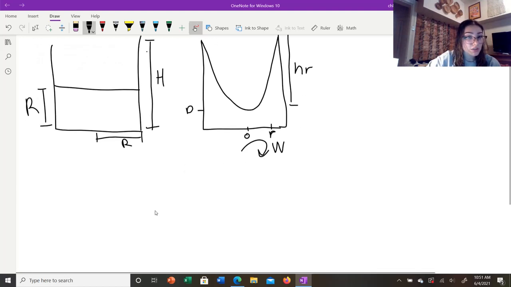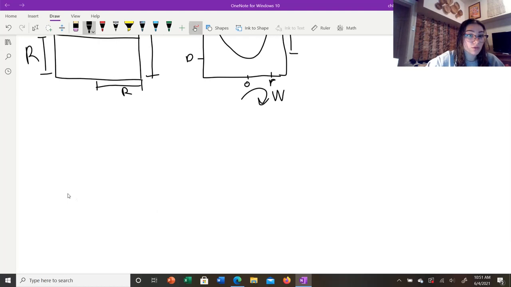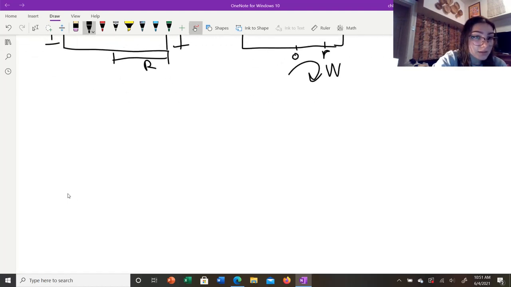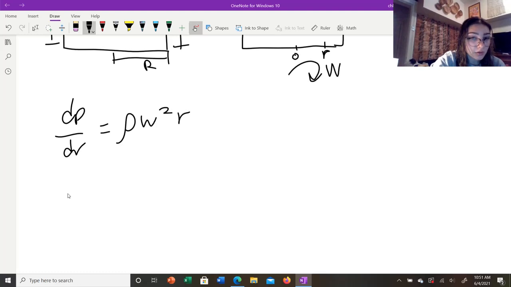The first thing we're going to do is use the equation dP over dr equals rho W squared r. So we're just going to do the integral.